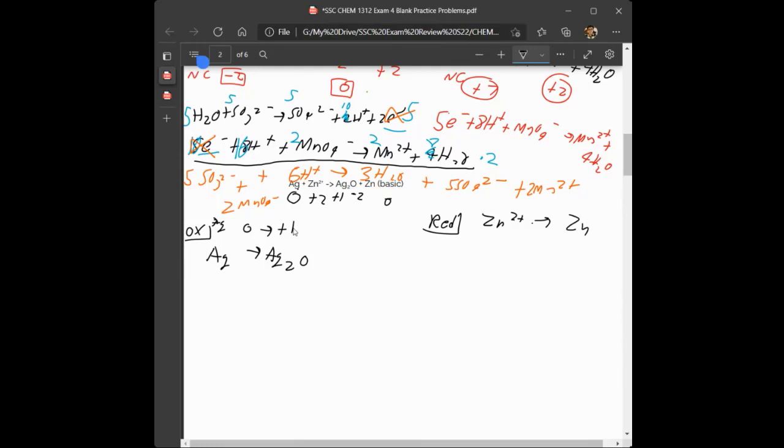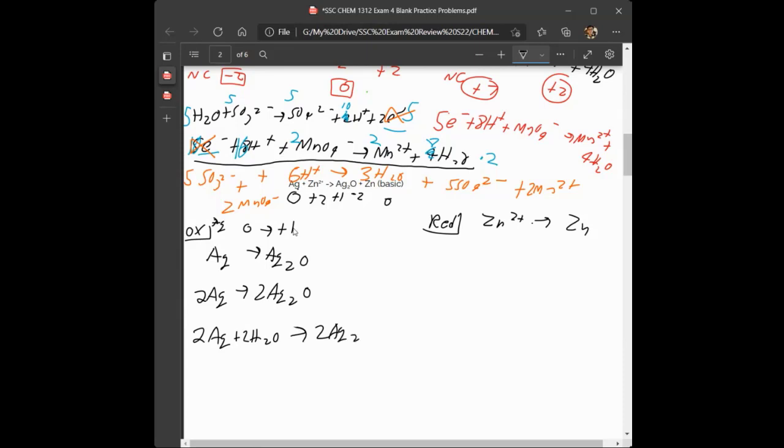Okay, so first, balancing out, we need to make sure that every element besides H and O is balanced. On the left side there's going to be 1 Ag, but on the right side there's 2, so you have to put a 2 in front, so 2Ag yields Ag2O. And then notice we have 1 oxygen on the right, so we have to add H2O on the left.